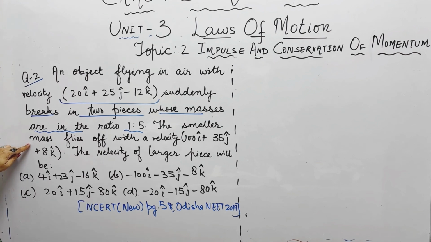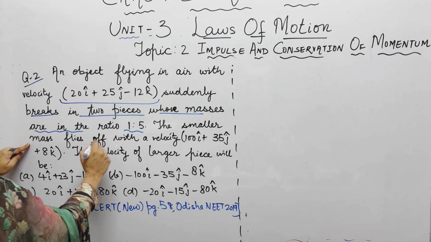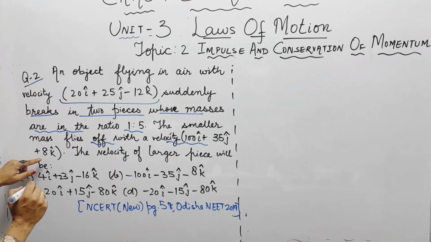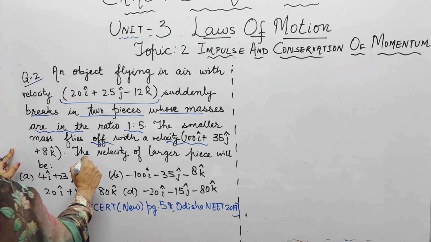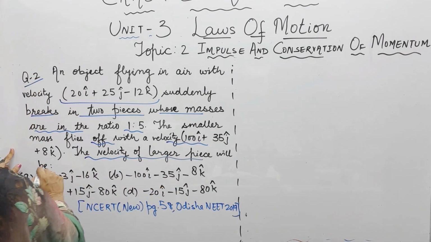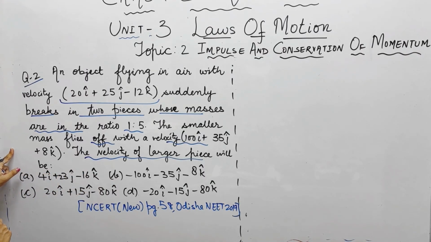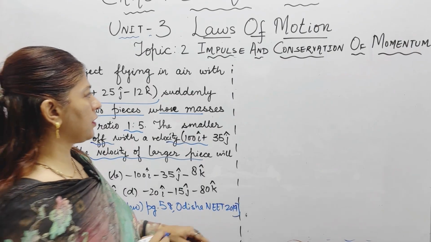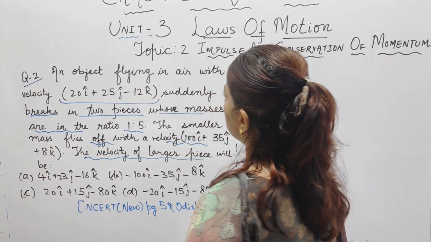The smaller mass flies off with a velocity 100 I plus 35 j plus 8 k cap. The velocity of larger piece will be, and the options are given to us. This question is there on page number 58 NCERT new, and this is in the Odisha NEET 2019.